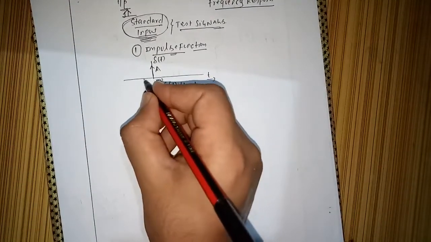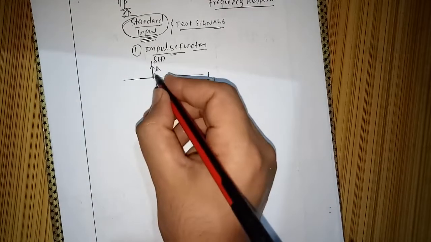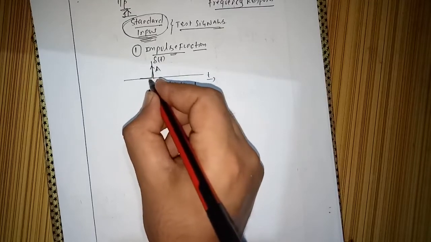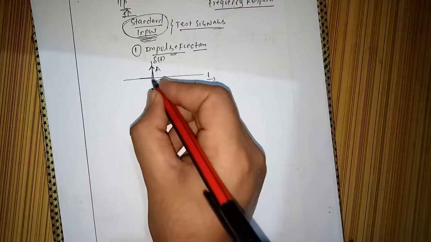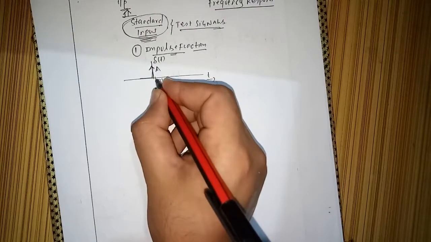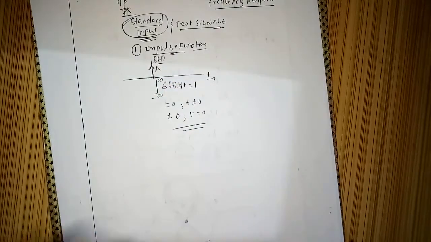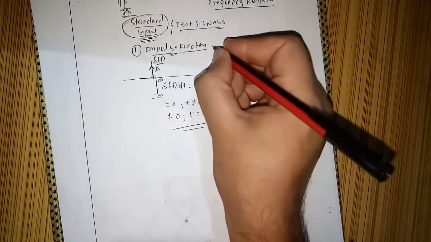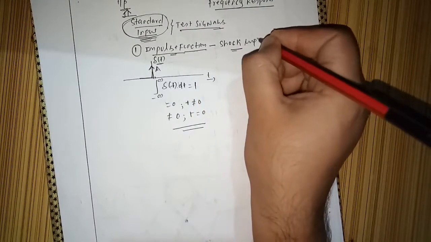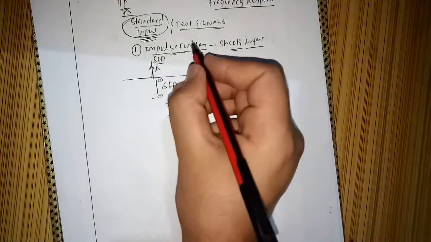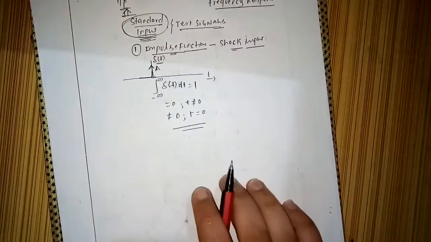Actually, in a practical sense, it is not possible to generate an impulse, but a shock of very small finite duration can be approximated as this impulse function. This belongs to a shock input. Whenever we have a shock kind of input, we can check that system by using the impulse test signal.